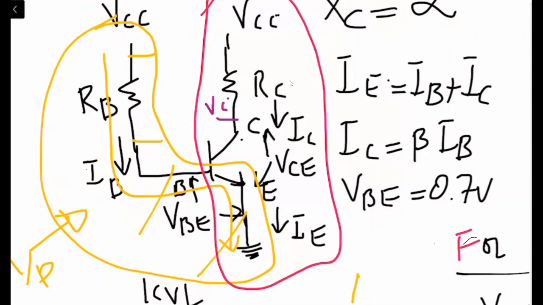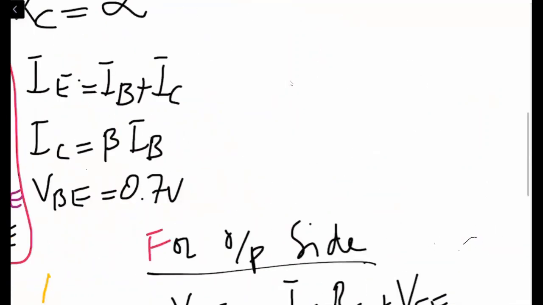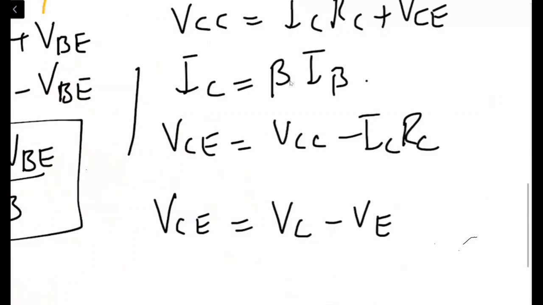The potential at the emitter is VE. So the difference between VC and VE will represent the voltage VCE, right? So what I have written over here is VCE is equal to VC minus VE, right?